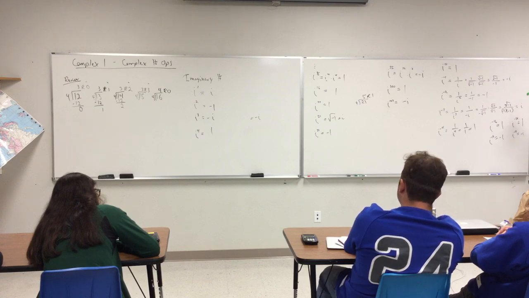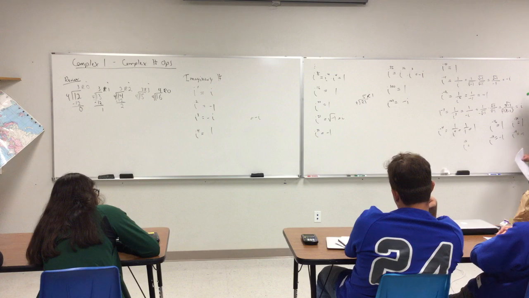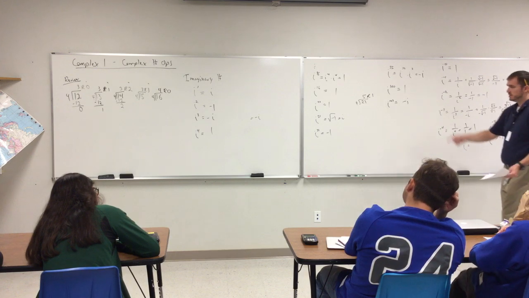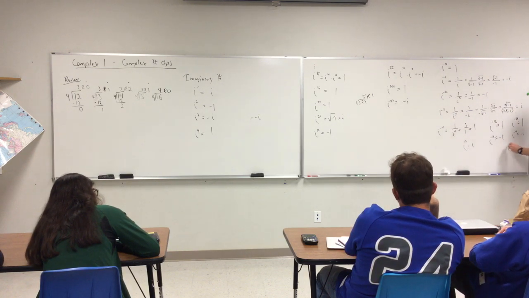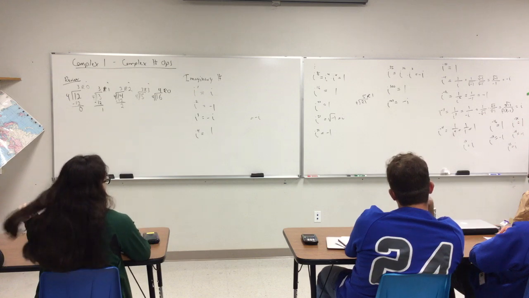So what's interesting is, what is I to the positive 17? I wonder, anybody know? 17 is one past, so yes, that's going to be I. What's I to the positive 25? Well, that's going to be positive I. I wonder if it's just the opposite if it's negative.